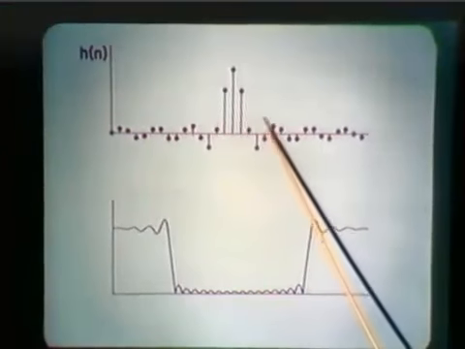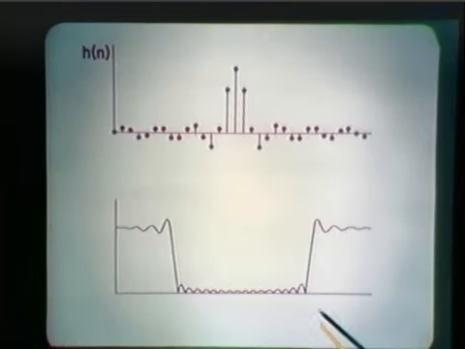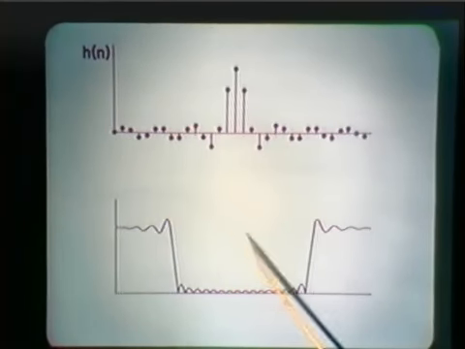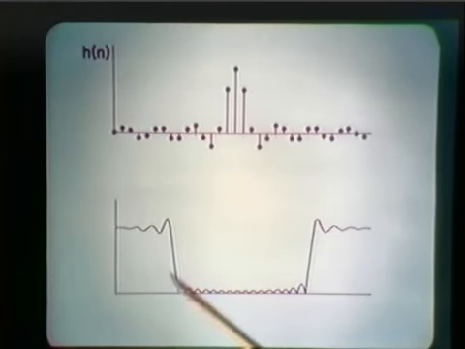This is the unit sample response. This is the corresponding frequency response. The discrete Fourier transform of h of n, in fact, is exactly unity in the pass band and 0 in the stop band, but the interpolation in between those points is not unity in the pass band and 0 in the stop band.